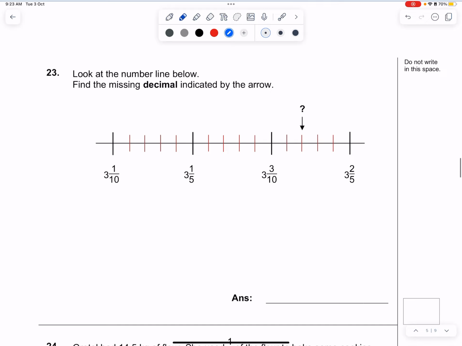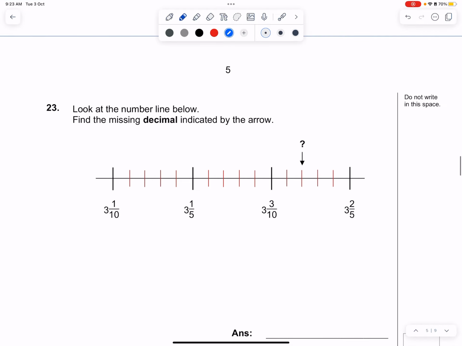Next. Look at the decimal line below. Find the missing decimal indicated by the arrow over here. In this case, they want decimals.